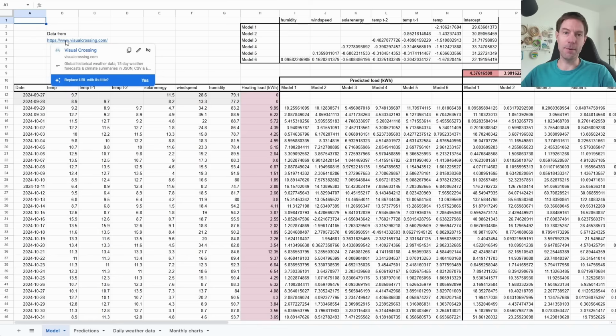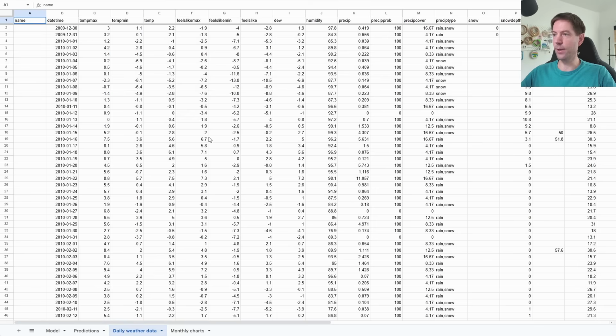You need to set up an account, but you can download data for free. What you have to do is download daily data, probably over a series of days, because there's a limit of I think 1,000 entries per day that you can download. So if you want more than a few years of data, then you have to do it in multiple days. That's all I did. I just downloaded a few years at a time, and I've got all of that in this tab down here called daily weather data.